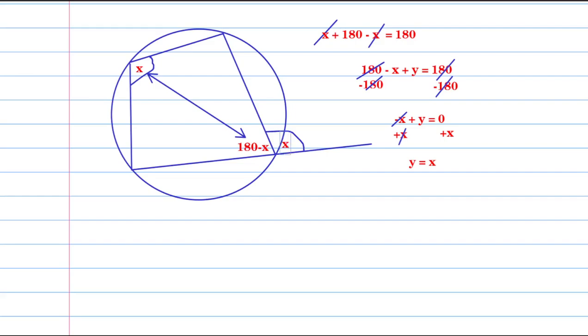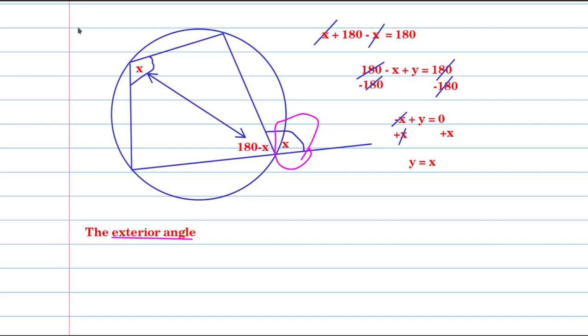So we've come up with our theorem, which says that the exterior angle, we are referring to this one here. The exterior angle, we are referring to this angle there. That's the exterior angle.